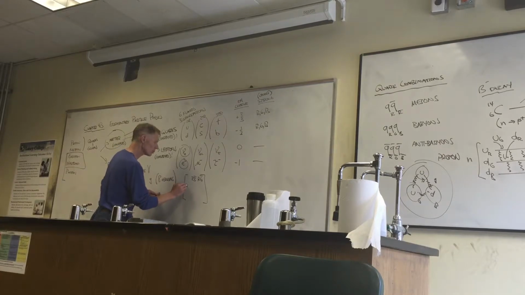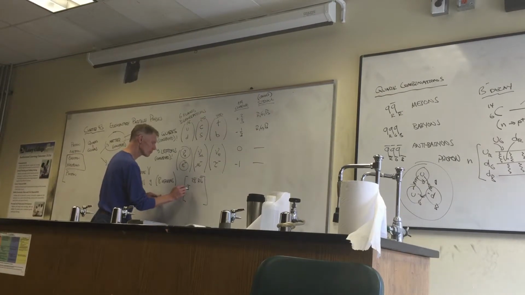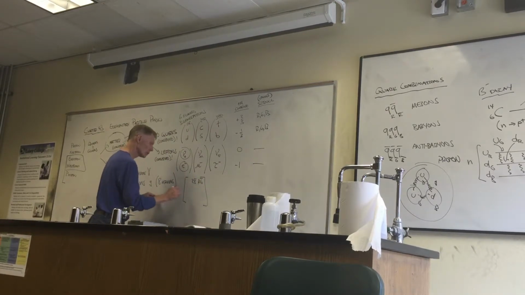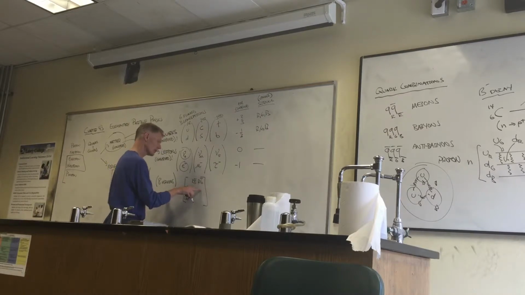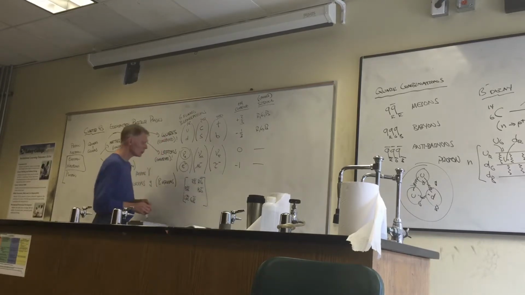We could have something that's green anti-blue, or blue anti-red and green anti-red. This is my blue column: blue anti-green and green anti-blue.